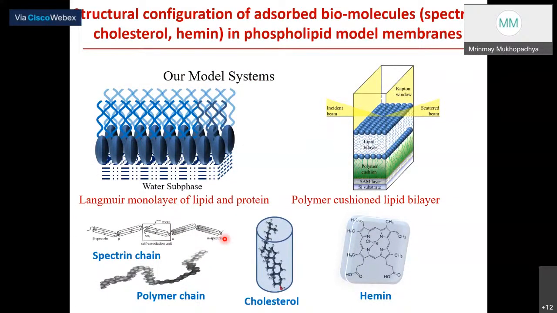Next, I will be talking about some model membranes. The one I showed you is a little old study, from 2001, which is quite old. But now these are quite new studies, on biomembranes. What we have done here is create a membrane of lipid molecules.